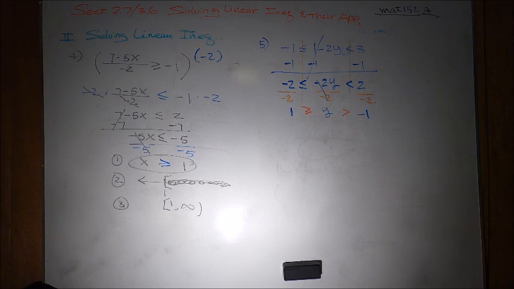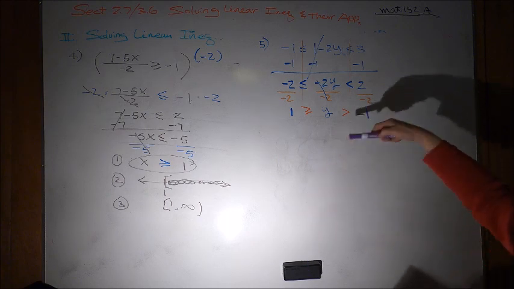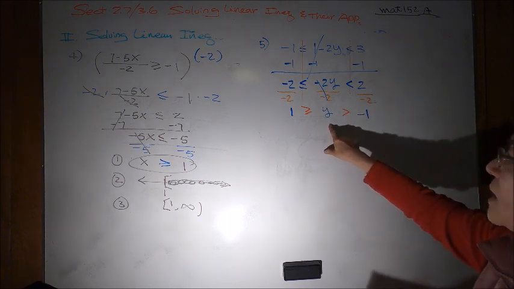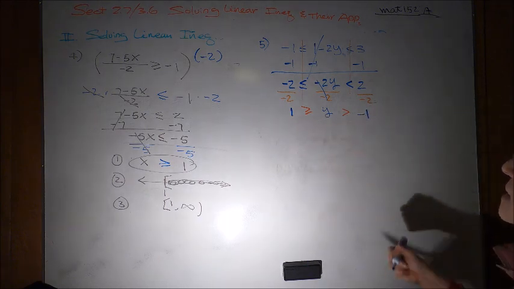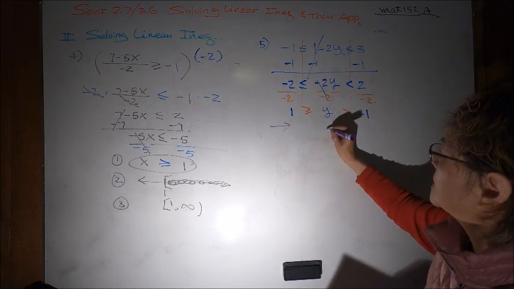Got the idea? However, usually we write the answers in what way? Smaller number to the larger number. Y is what? In between 1 and negative 1. So actually we write it this way.